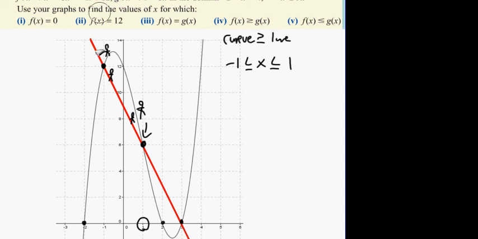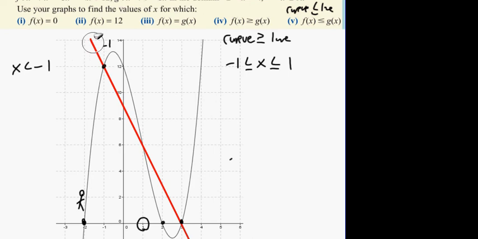Okay? Now, opposite to that question is the next question. When is the curve smaller than the line? Anybody tell me? When it goes under it. So at the start and until -1. So any x value smaller than -1, the guy on the curve is going to be beneath the guy on the line.